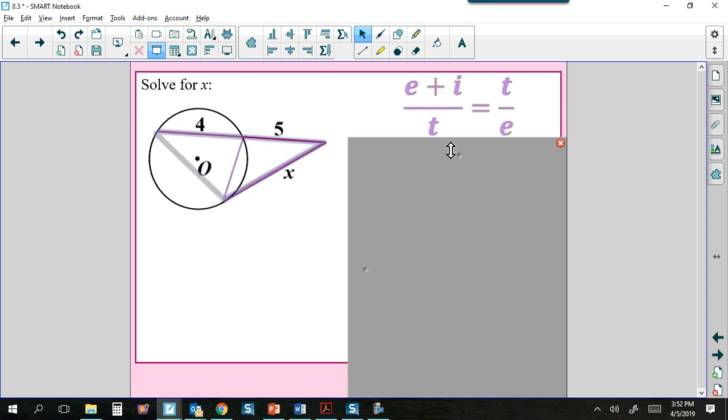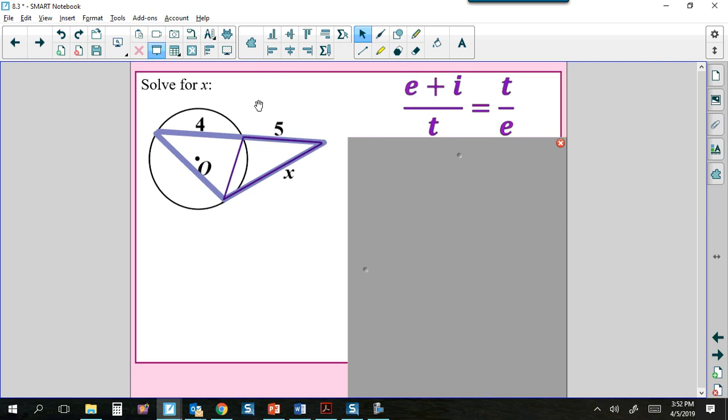So when I'm looking at the formula that was in your notes, the adding part has the interior and exterior parts. That's the 4 and the 5. That is opposite the obtuse angle in the larger triangle. If I look at the smaller triangle, here's my obtuse angle. What side is opposite that? X. So where 4 and 5 are, I'm going to put x in the same fraction or same ratio.